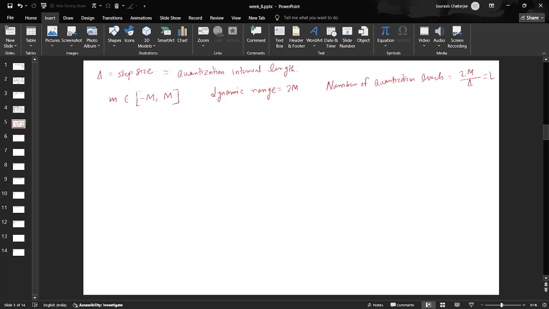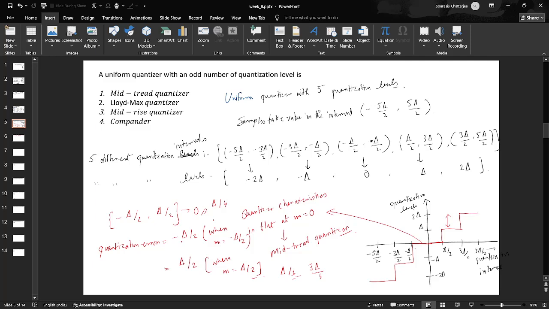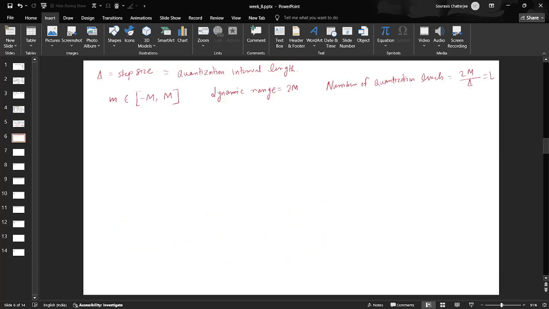For example, you can see that quantization error is directly proportional to your step size. So if you choose a small step size, that is going to directly reduce your quantization error. But what does it mean to have a small step size?